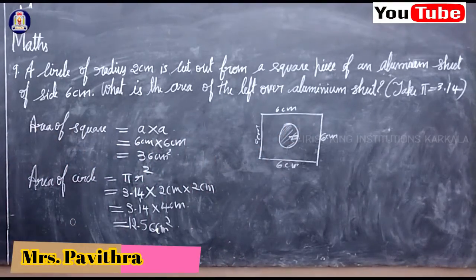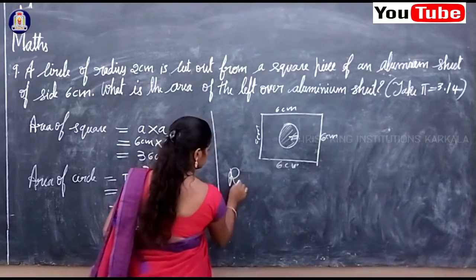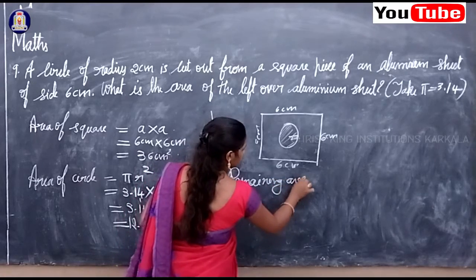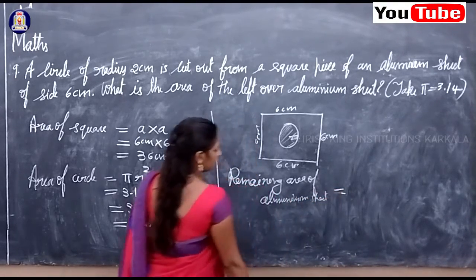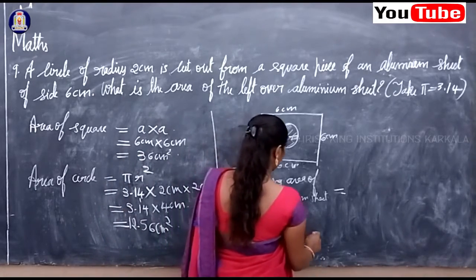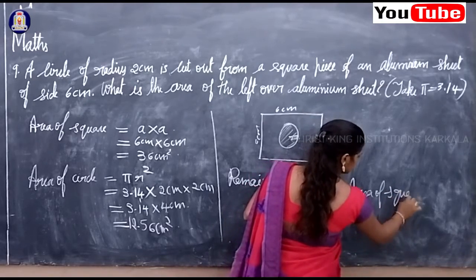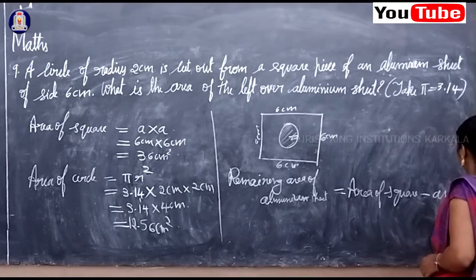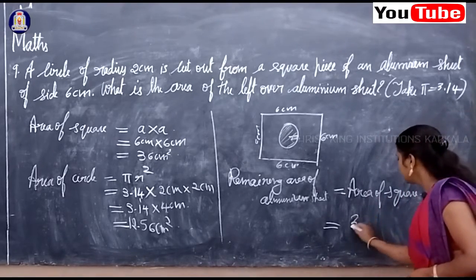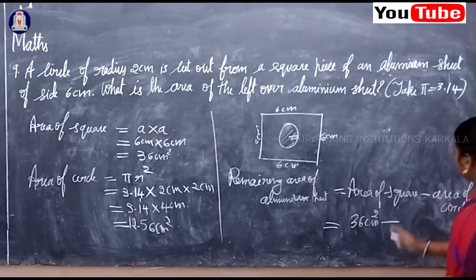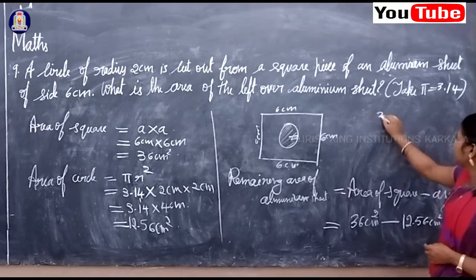So to find the remaining area of the aluminium sheet, it is the area of the square minus the area of the circle. From the area of the square you have to subtract the area of the circle. So area of square is 36 centimeters square minus area of circle, 12.56 centimeters square. So we can subtract here 36 minus 12.56.